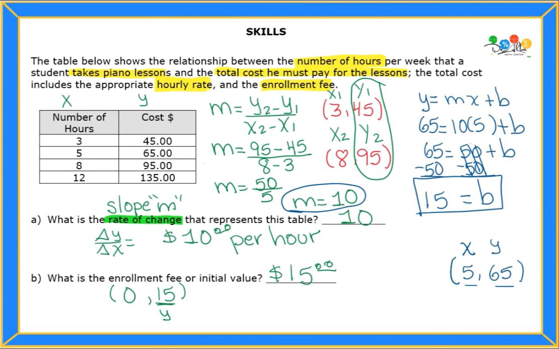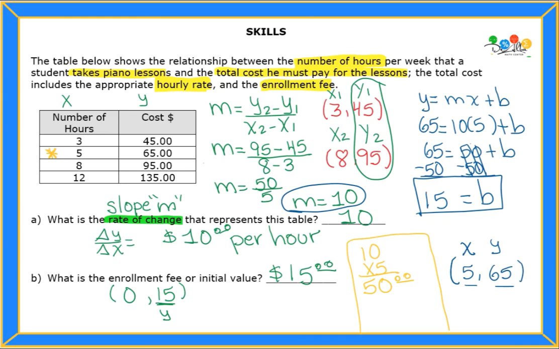So what I want to do next is write down my little box over here. I'm going to choose one of those coordinates from my table. I'm going to choose 5 hours. So according to my problem, if he goes to these lessons for 5 hours, he will pay $10 for each hour. So I will need to multiply 10 times 5, and I do get a 50.